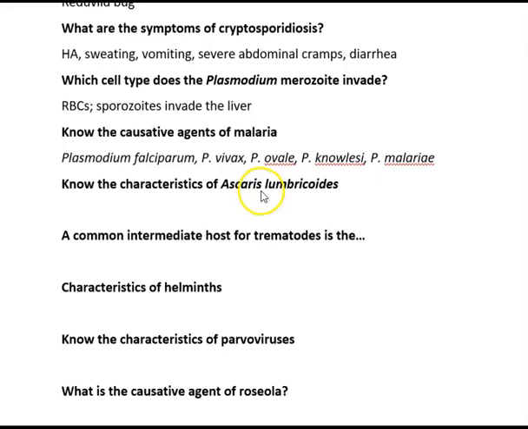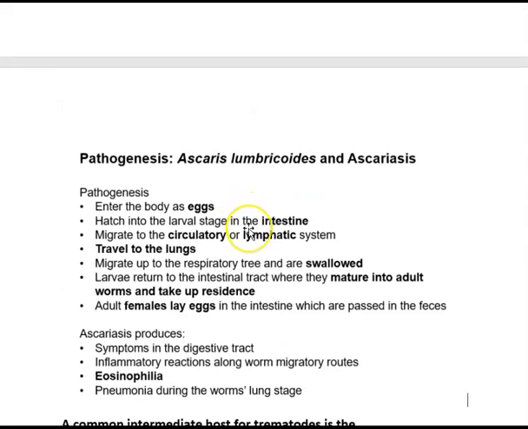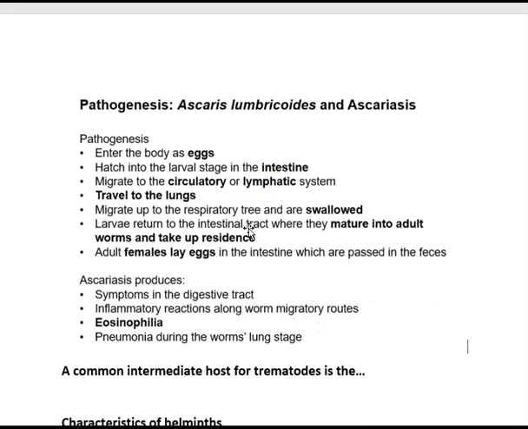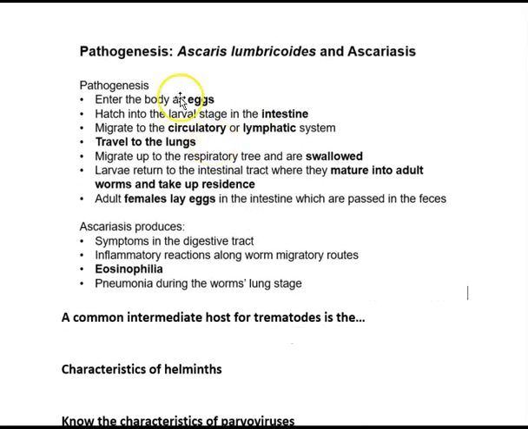Okay, know the characteristics of Ascaris lumbricoides. Well, you may recall that Ascaris lumbricoides is an intestinal roundworm, and we get it by ingesting the eggs in food. Now, when we ingest the eggs, they hatch into a larval stage in the intestine, and from there, they're going to penetrate into lymphatics and the capillaries around the intestine and travel to the lungs.